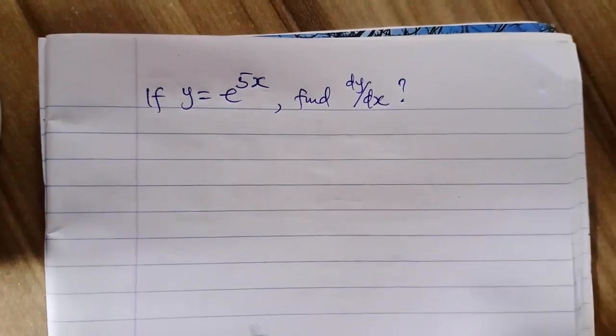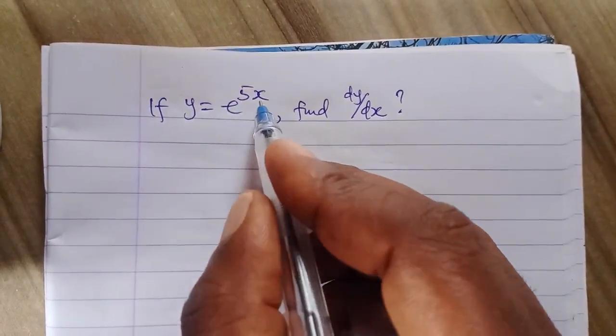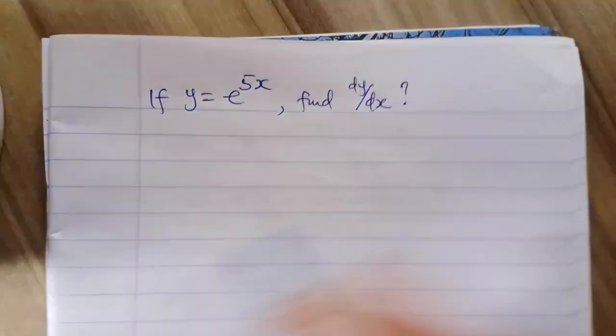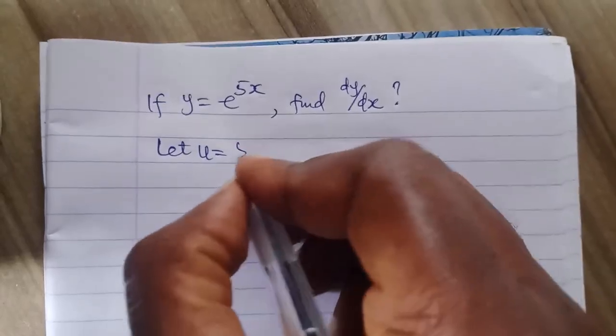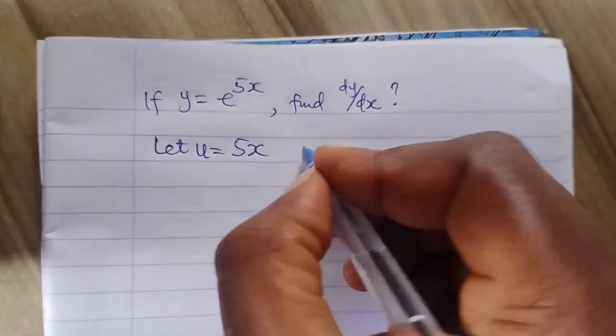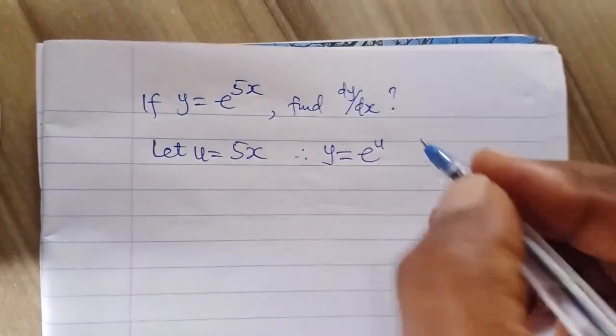In the same way, let's look at this question. It says, if y is equal to e to the 5x, find dy/dx. Now, we can say let u be equal to 5x. So we can rewrite this equation as y is equal to e raised to the power u.